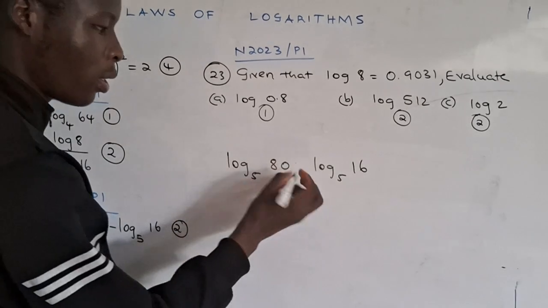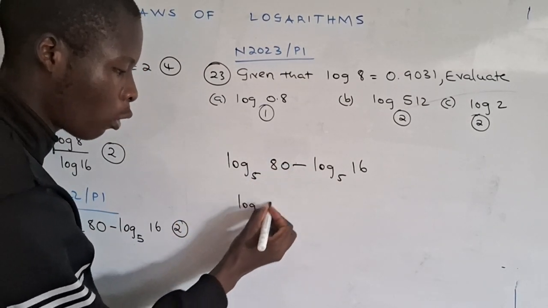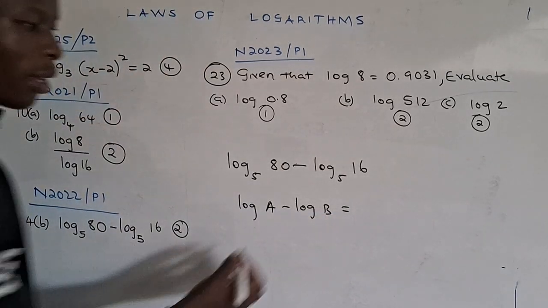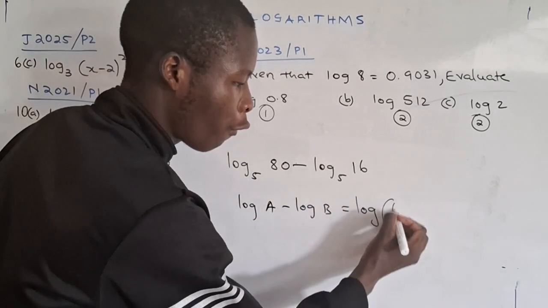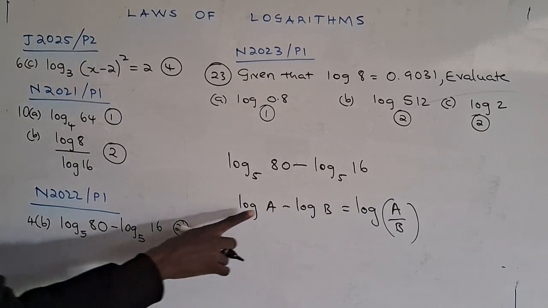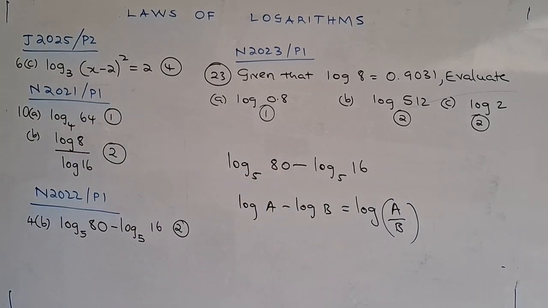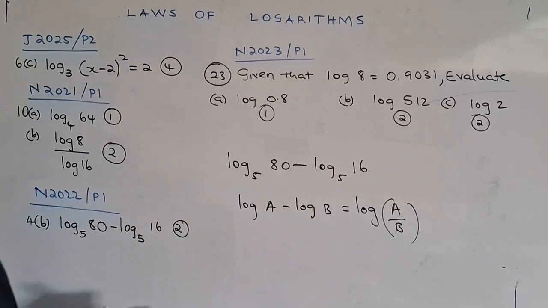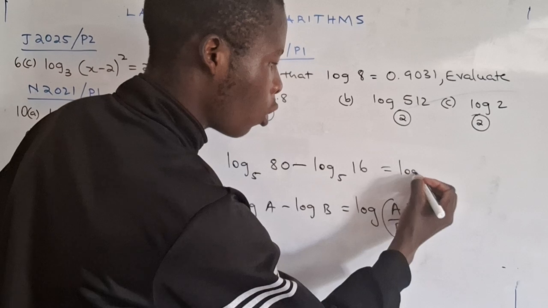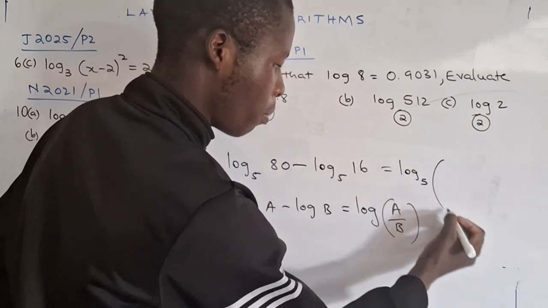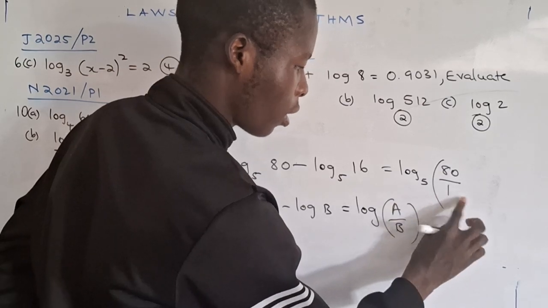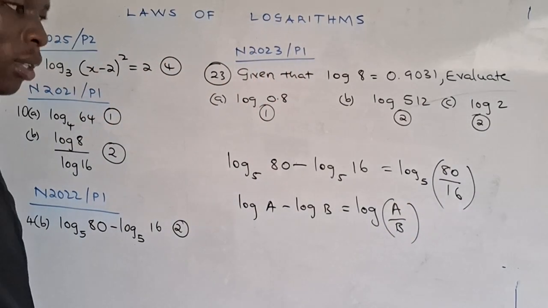See, there is this law: if you have log A minus log B, the answer is log of A divided by B. So this is equal to log base 5 in brackets 80 divided by 16.